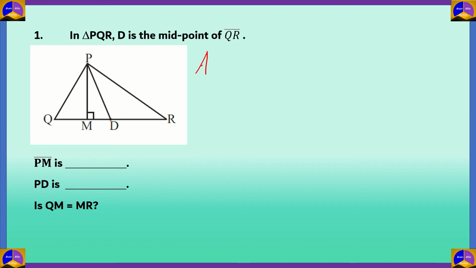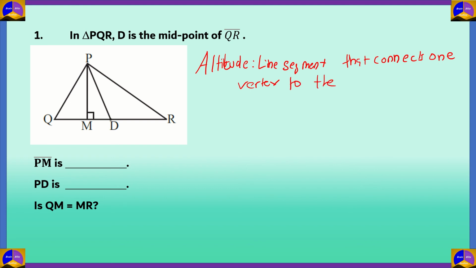So, the altitude of a triangle in geometry is the line segment that connects one vertex of a triangle to the opposite side perpendicularly.